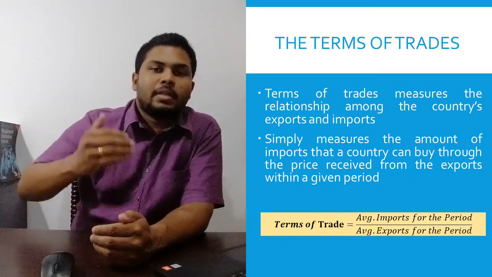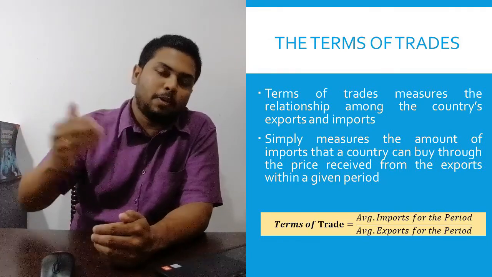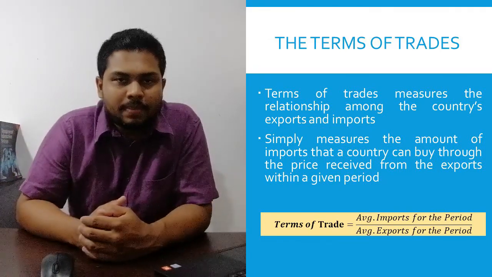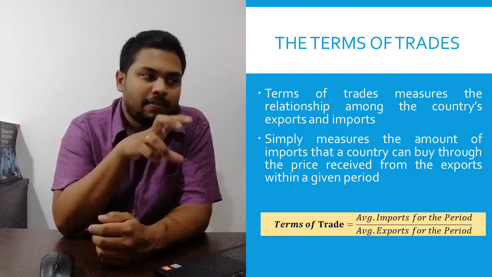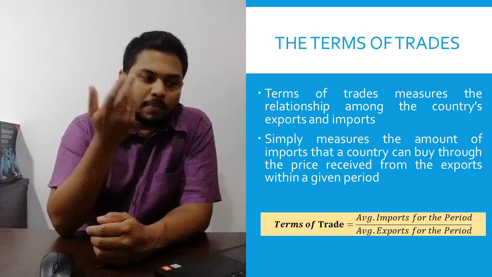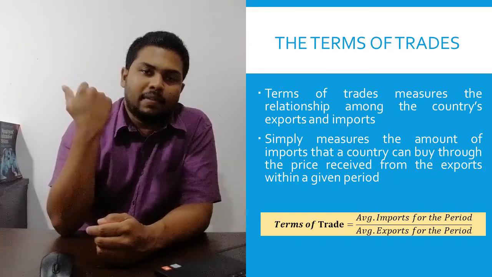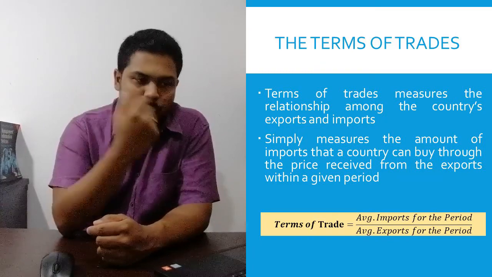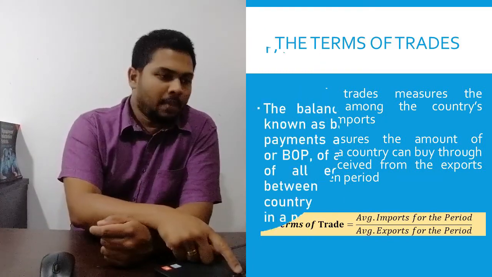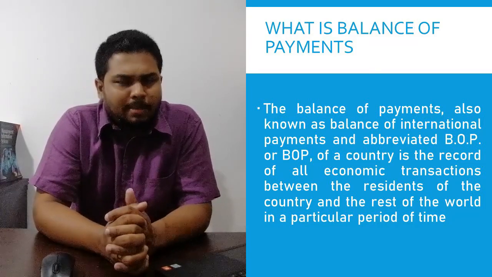What is the amount that we can import as a result of exporting some of the commodities? That is the explanation of terms of trade. We calculate it by dividing the average imports for the period by the average exports for the period, as you can see in the figure. Right. So I told you now about the balance of payments.